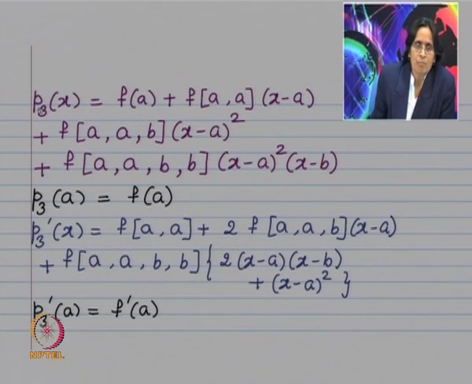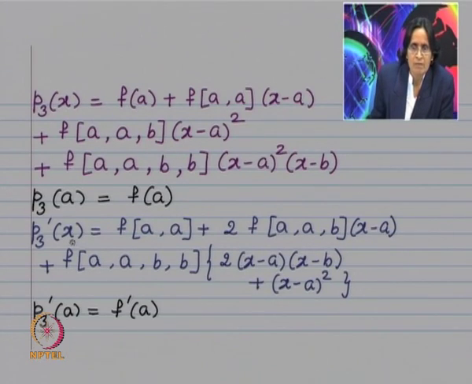Take the derivative of P 3. So, this being a constant term, its derivative will be 0. So, you will have f dash of a, then the derivative of this will be 2 times x minus a into f of a a b, plus this divided difference, and then by the product rule this will be 2 into x minus a into x minus b plus x minus a square.